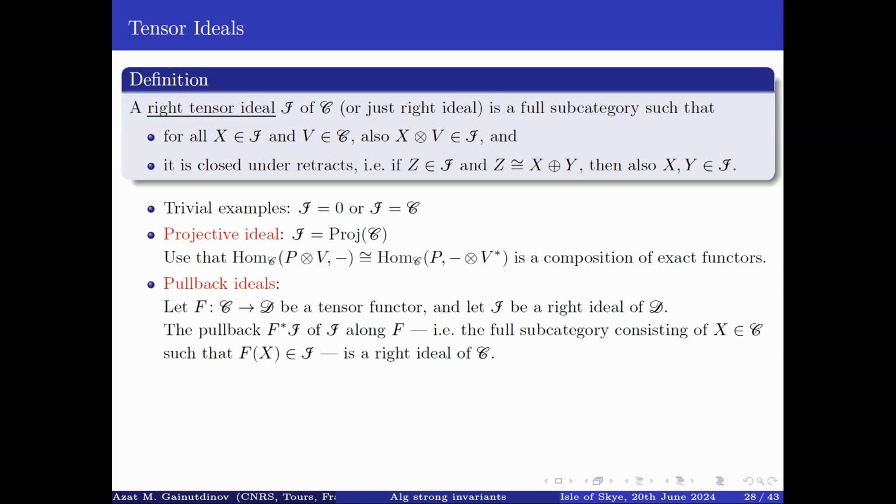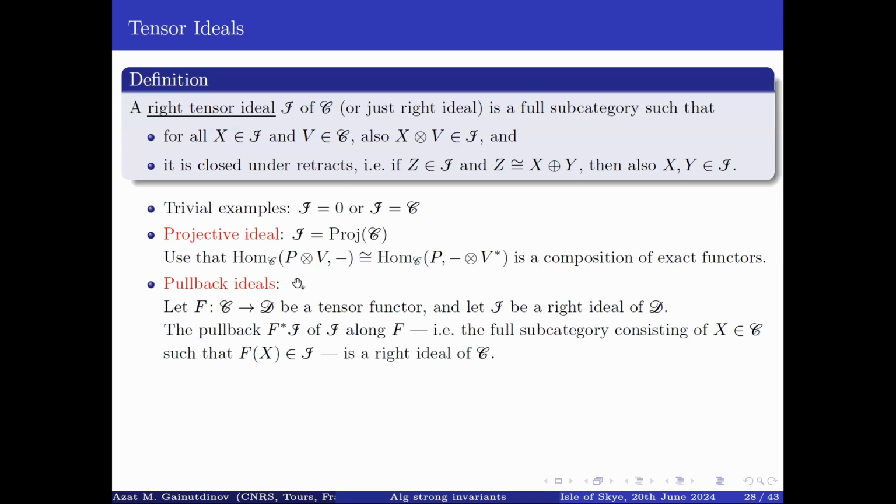I didn't mention it, but rigidity forces this category to have a tensor product which is exact in both arguments, left and right. So this functor is just a composition of exact functors: first we are tensoring, which is exact, and then P is projective, so Hom from P to anything is also exact. So this shows that P tensor V is projective. That's why it's an ideal.